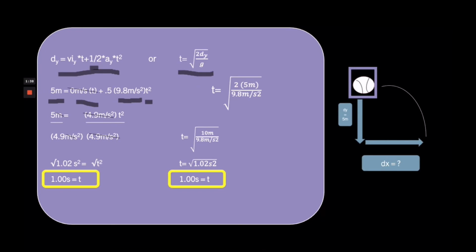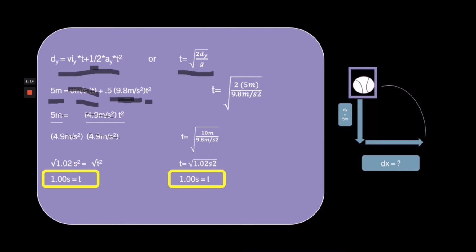squared. Now I cancel the 0 meter per second times time, since there's no value. Whatever you multiply by 0 will be 0. So that gives us 5 meter is equal to, we multiply these two variables, 4.9 meter per second squared times t squared.